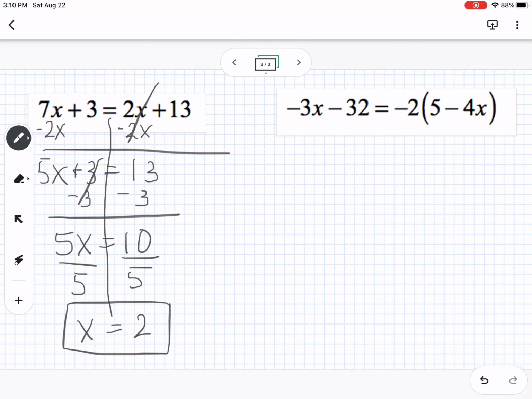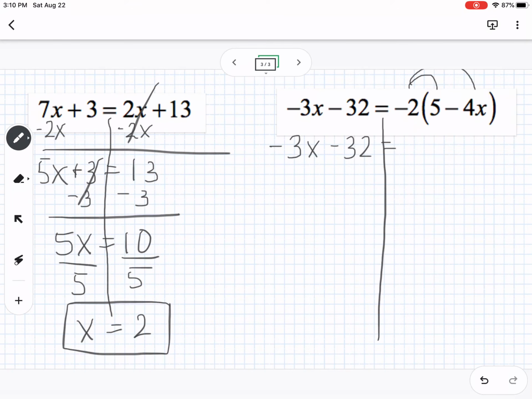Okay, now for the last problem here, we have parentheses. That means we need to distribute what is in front of the parentheses. We need to take the negative 2 and multiply it by both 5 and negative 4x. For my first step, I'm going to leave this side of the equation alone.